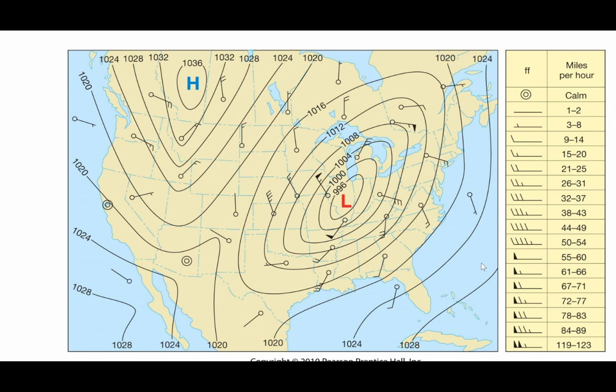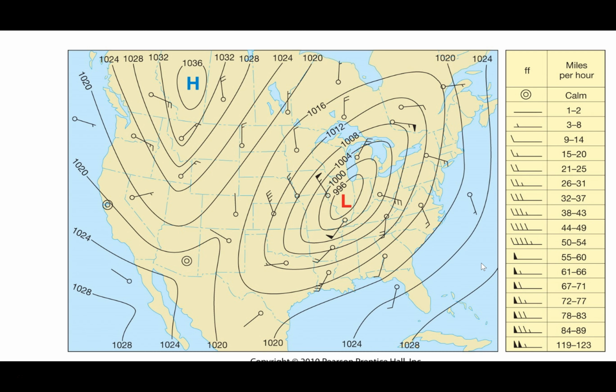So let's start with the H. That'd be like the tippy top of a mountain. Notice that, 1036. That means in terms of millibars, MBs, all of those locations around that circle are running 1,036 millibars.